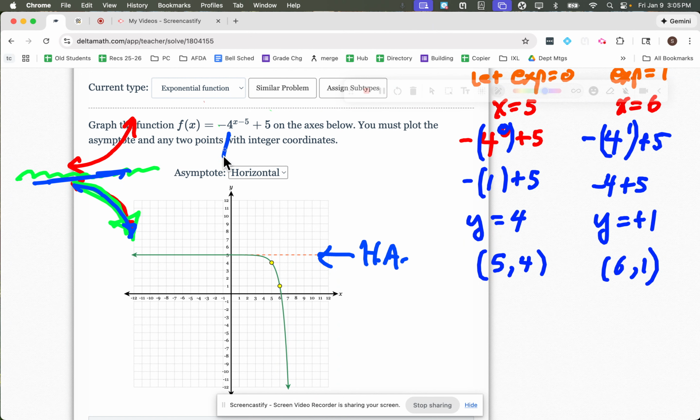And by the way, this 4, besides the fact that it was negative, which reflects, it's also a stretch factor. Oh, I'm sorry. Totally wrong. That's the growth factor. Growth and stretch, I was going to say, are visually hard to distinguish.